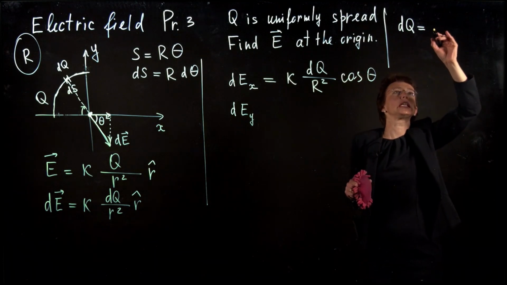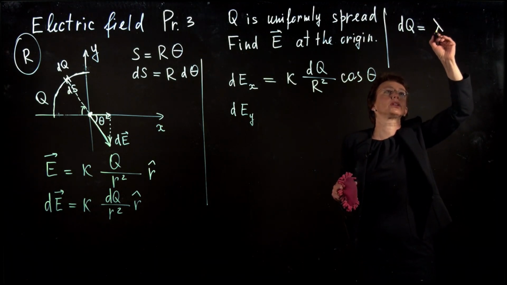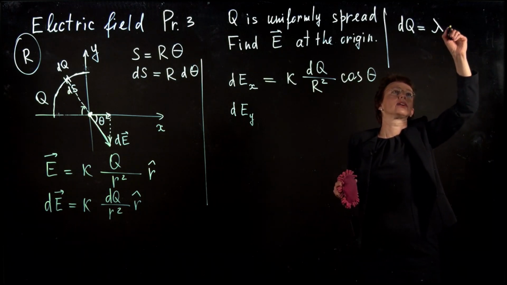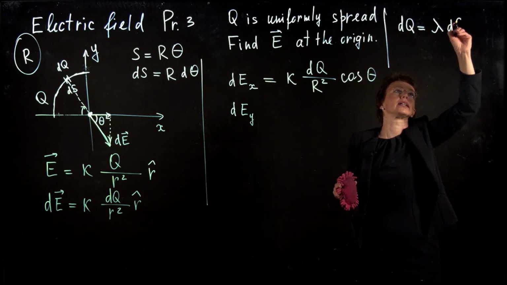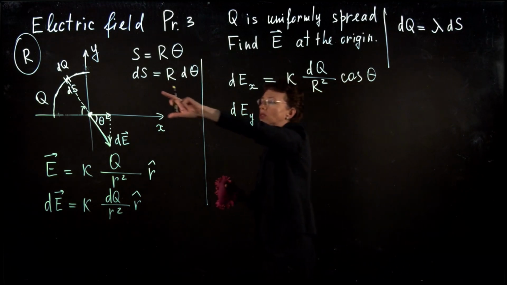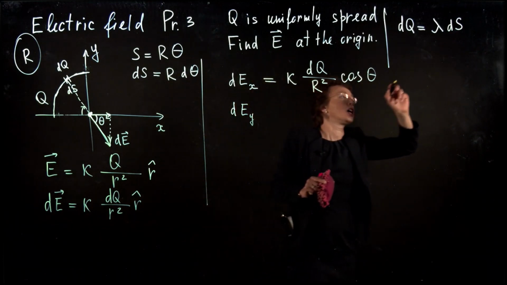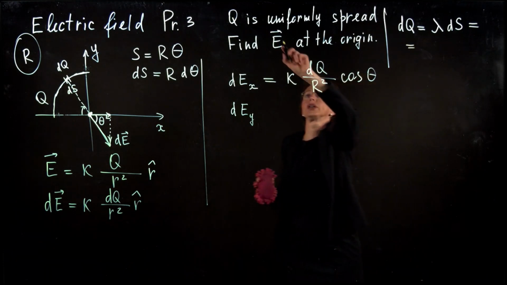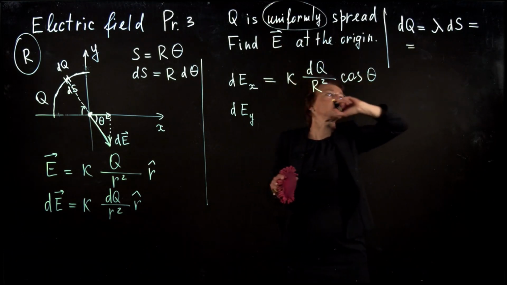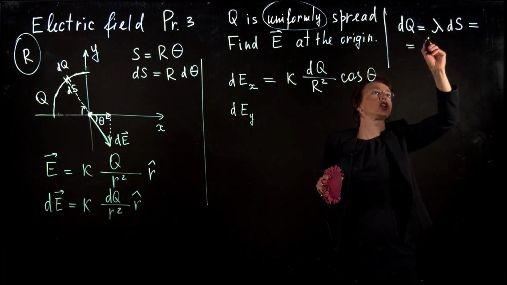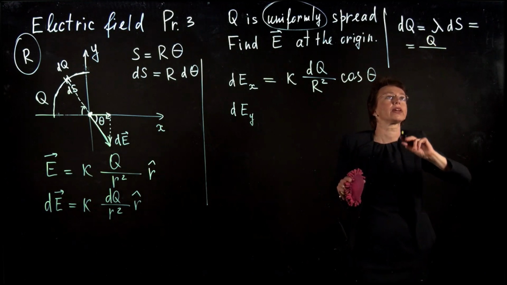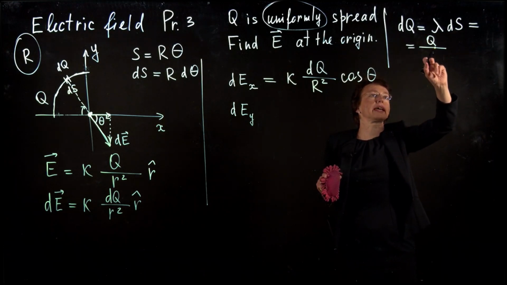By definition, it is charge per unit length, which is lambda, times the length of arc, ds. Charge is uniformly distributed. So lambda is just the total charge q divided by length. Charge per unit length.